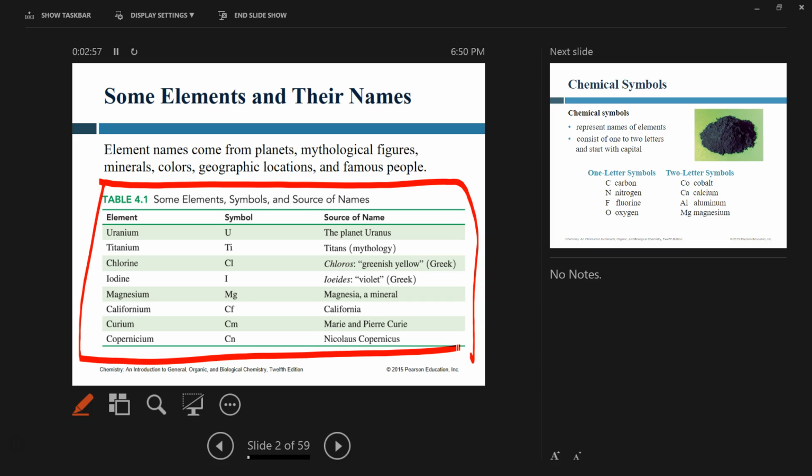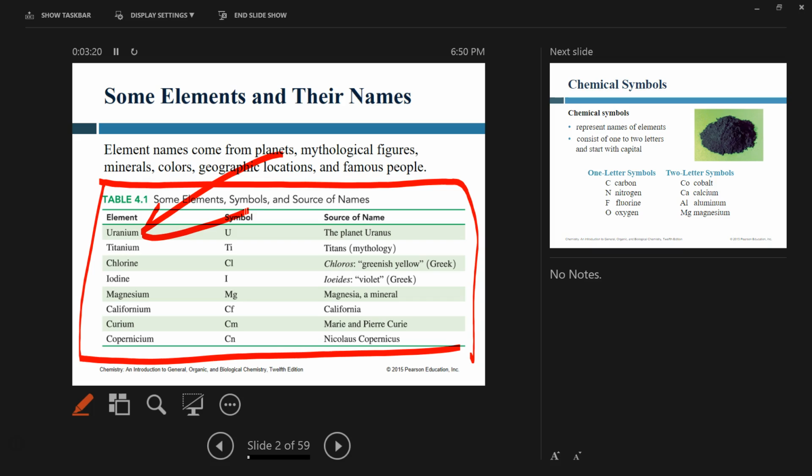Okay, it can oxidize things. Substances can burn in oxygen. Hydrogen was given its name, hydrogen, because it can generate water. Okay? So, names sometimes, like uranium, named after the planet.